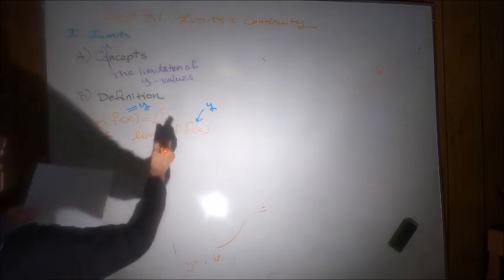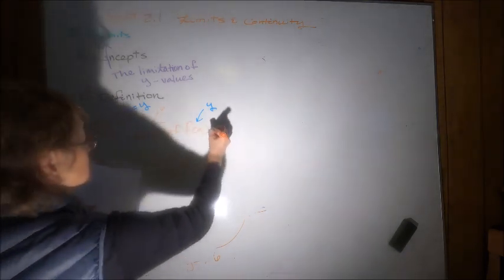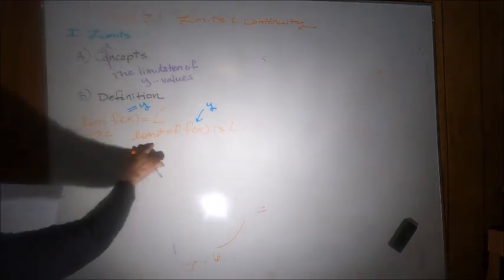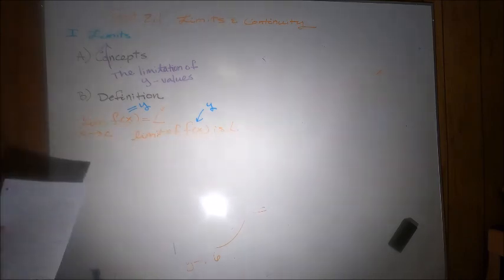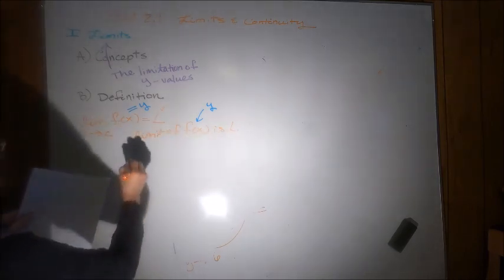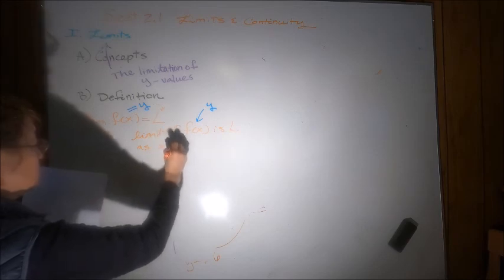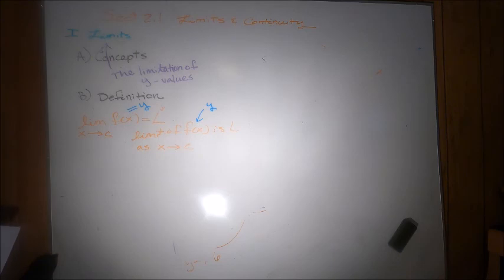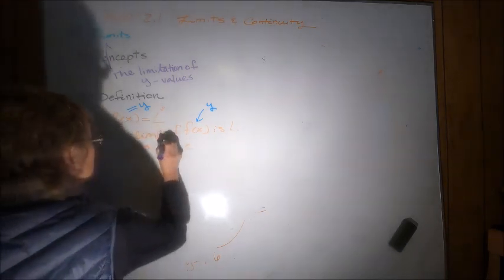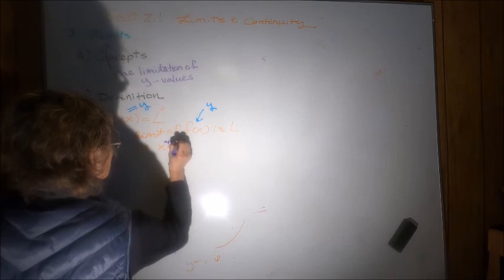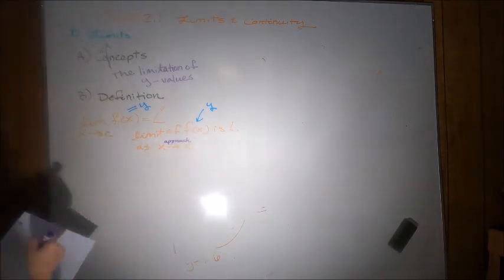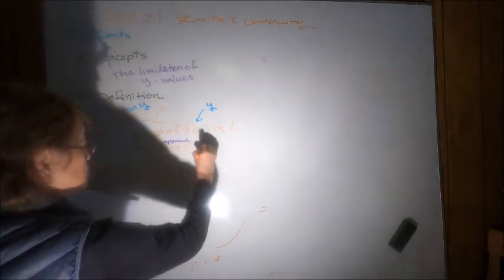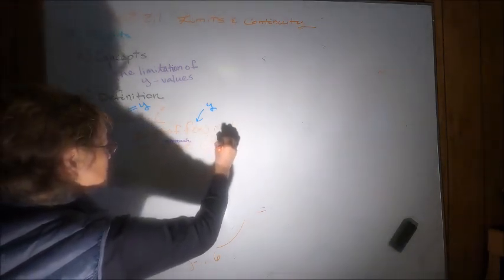So the limit of f of x is L when x approaches a number c. This means x is approaching c, so you have two situations. You have to check from both sides.